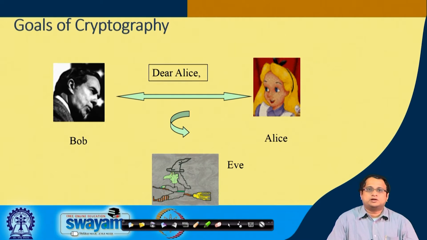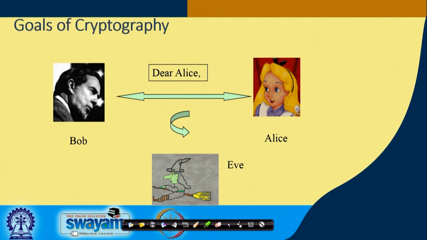So, to begin with, let us look into the goals of cryptography. The goals of cryptography are typically depicted by a three-party scenario, where you have two legitimate players, Bob and Alice, who are trying to share some information over an untrusted channel. This untrusted channel is also observed by an attacker or adversary, typically denoted as Eve.